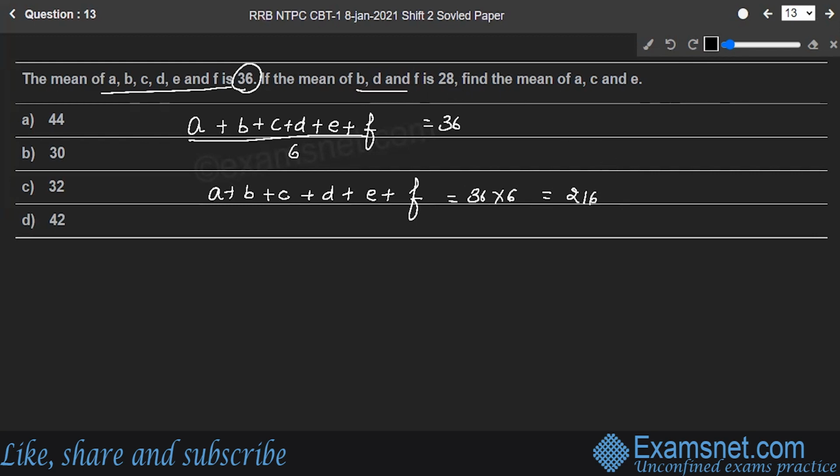Now it is given the mean of B, D, F is 28, so B + D + F = 28 × 3 = 84. You have to find out the mean of A, C, E.